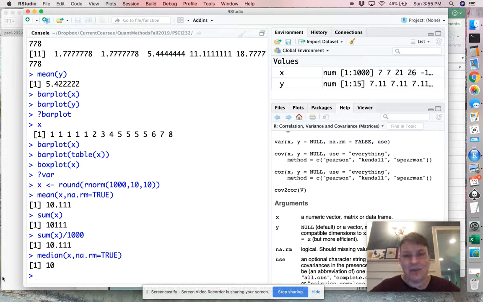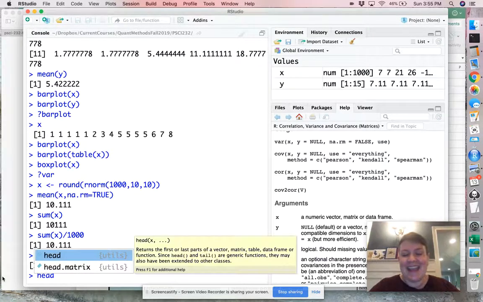So remember from high school that mode is the most common value in the data set. Now, again, I've rounded the distribution here such that all of the values are whole numbers.